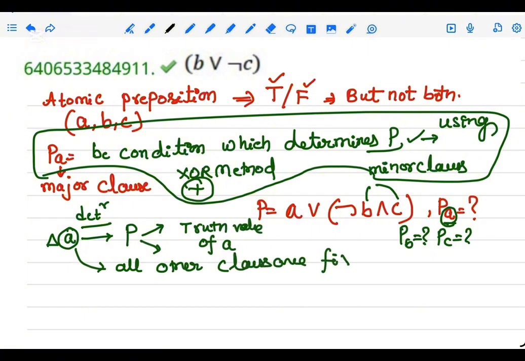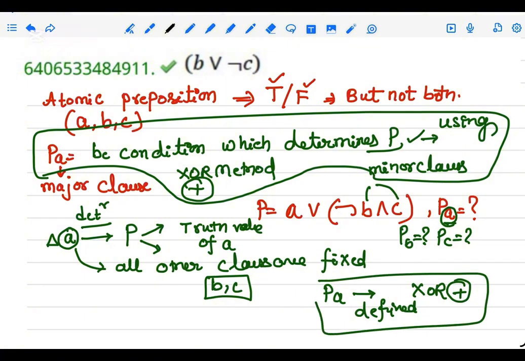That is, the other clauses B and C, the minor clauses, are fixed and cannot be changed. This is defined using the XOR method or XOR operator.